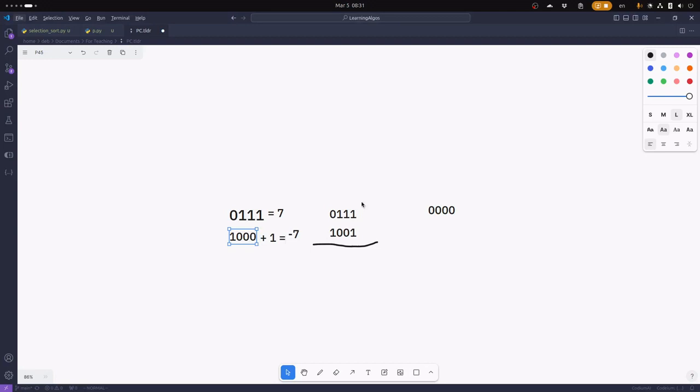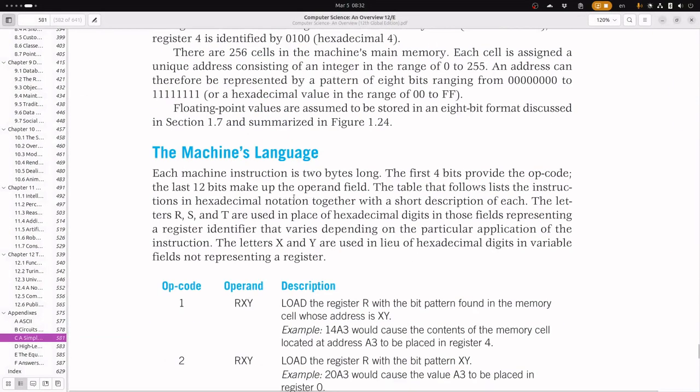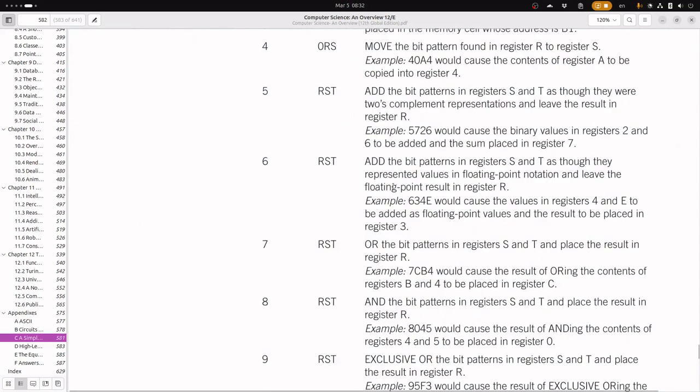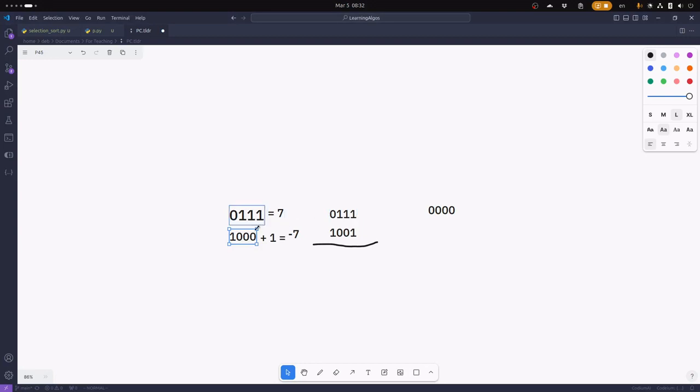So how can we flip the values using this machine language manual, or this machine language, I mean. Yeah, so there is another trick to flip the bits. Let's see here.